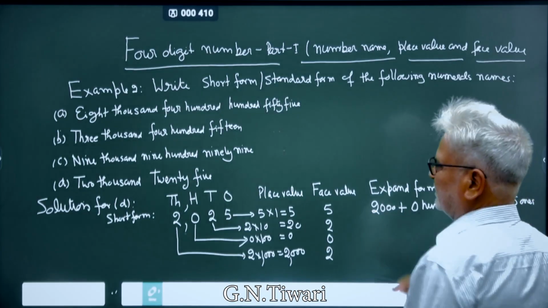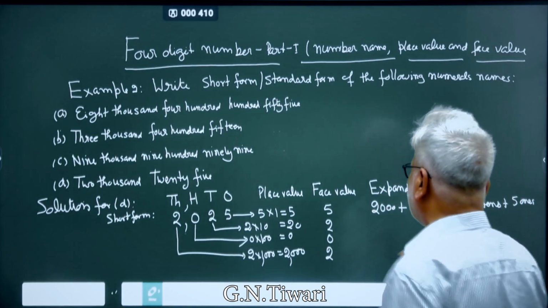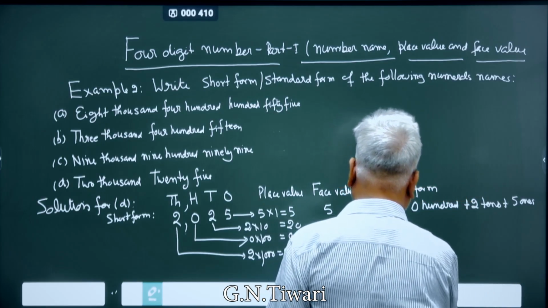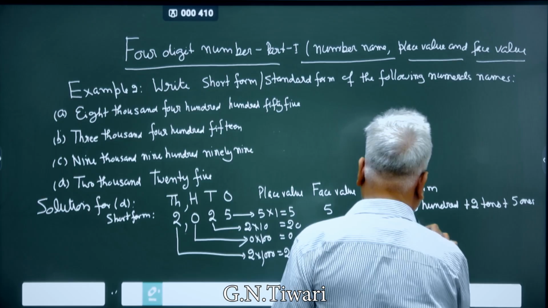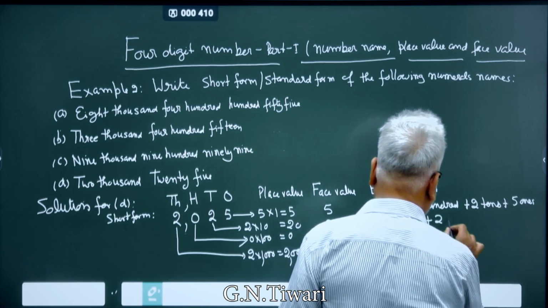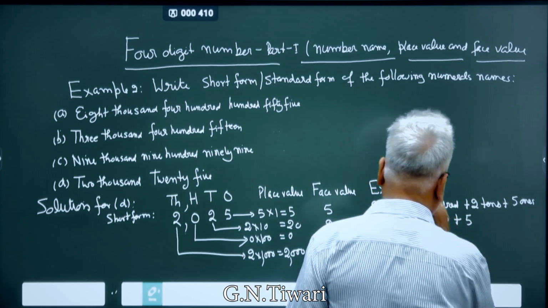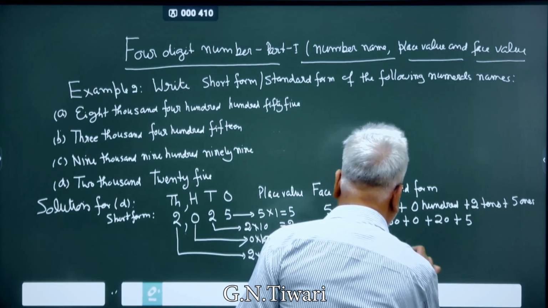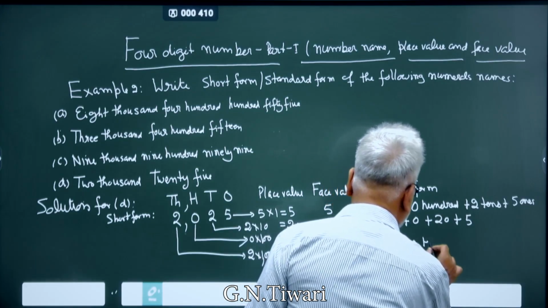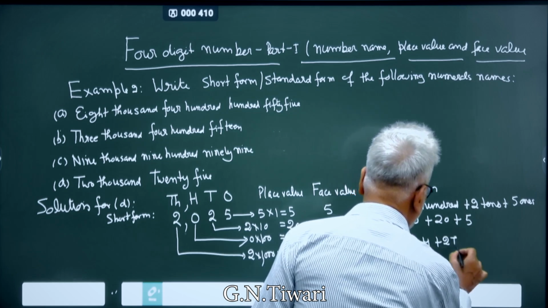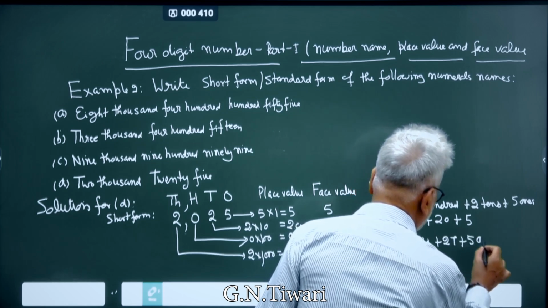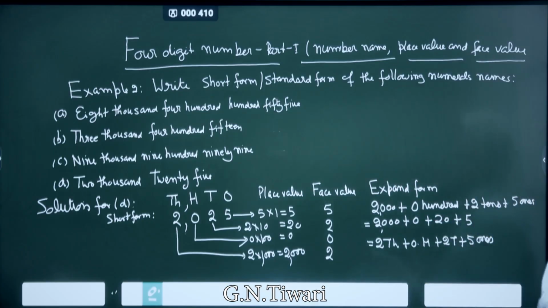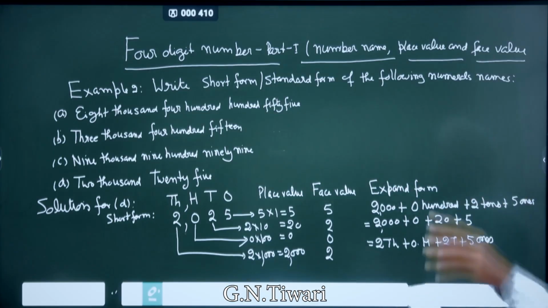It is a mixture. And if you want to write this separately, you can do it like this: is equal to 2000 plus 0 plus 20 plus 5. Another way: 2th plus 0h plus 2t plus 5 ones. Here I am writing ones because if you write O, it will confuse between 5 and 50. So that's how I am doing this.